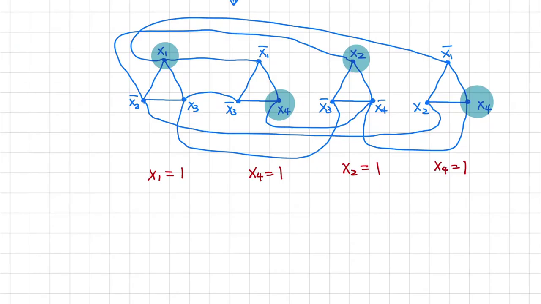Yes. Wait, so in that case, because X3 is not selected, it doesn't matter what X3 is. That means you can assign any value to it, 0 or 1, because then all the clauses are still true. Yes.